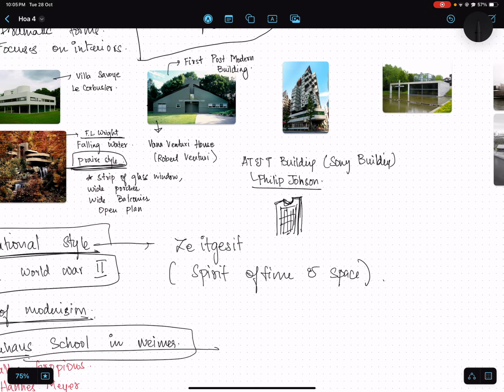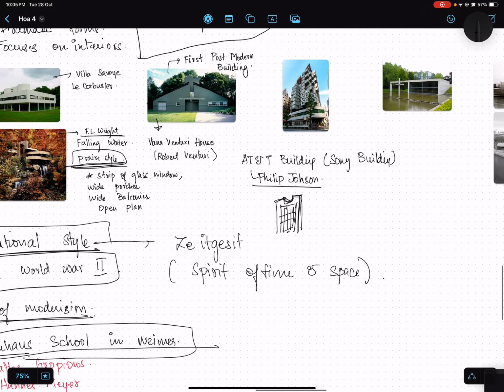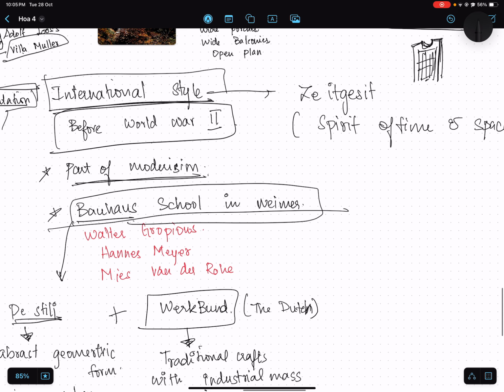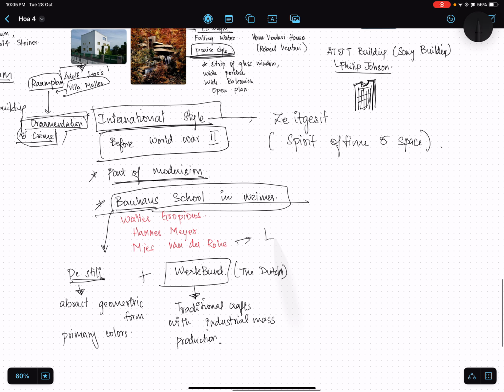And one famous quote from Robert Venturi, since he was the one who pioneered postmodernism, is "Less is a bore," which was completely the opposite of Mies van der Rohe's "less is more."